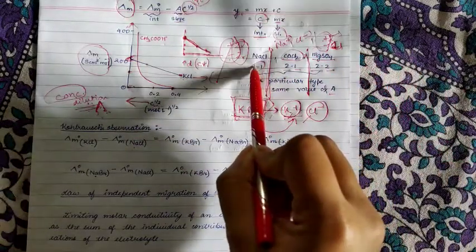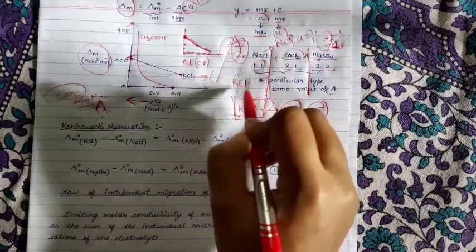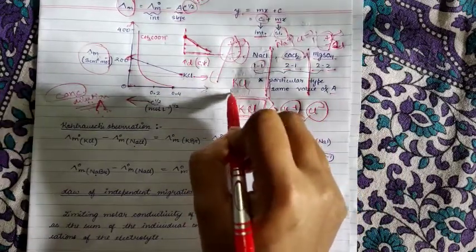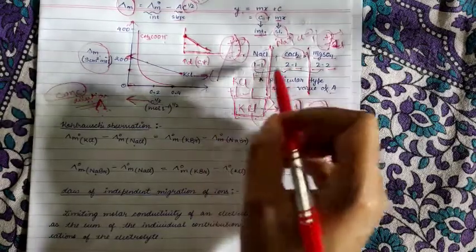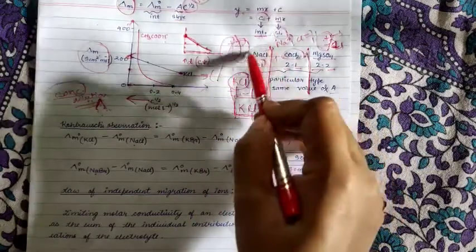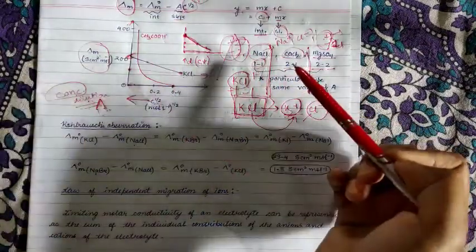Now you see here 1 to 1, KCl will also fall under 1 to 1, because for potassium it's +1 and for Cl it's -1. So this is also 1, 1. So for KCl and NaCl the value of A will be the same.